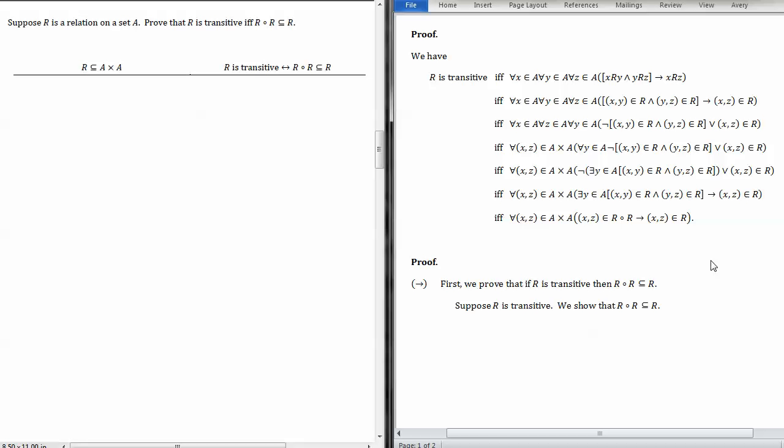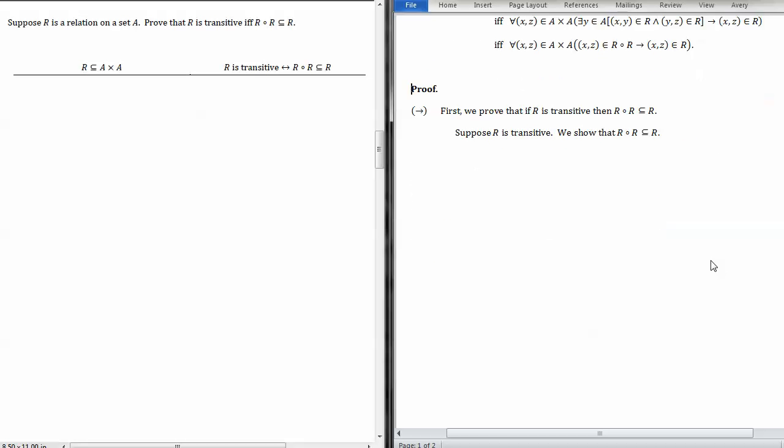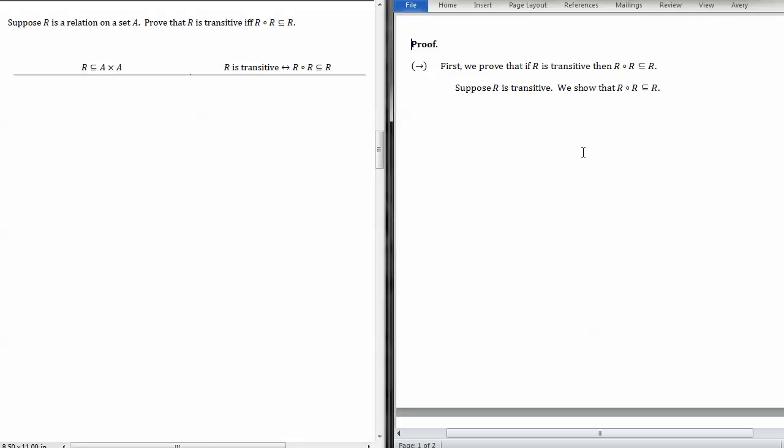Now let's go back and do it again using our proof techniques. So bring this back down. We're going to do these two directions. For the first direction, we prove that if R is transitive, then R composed with R is a subset of R. So suppose R is transitive for a direct proof.